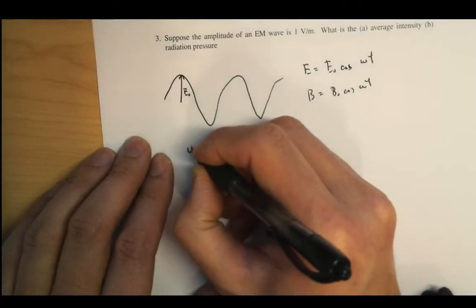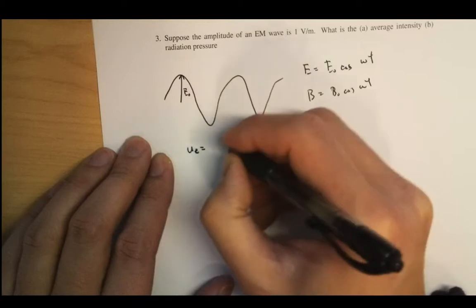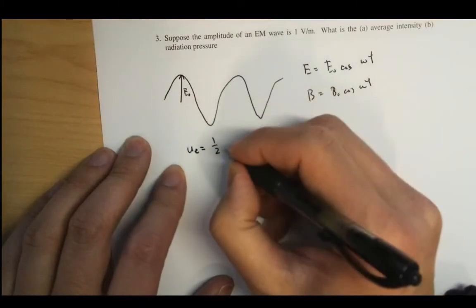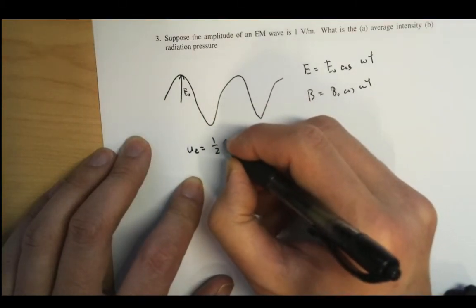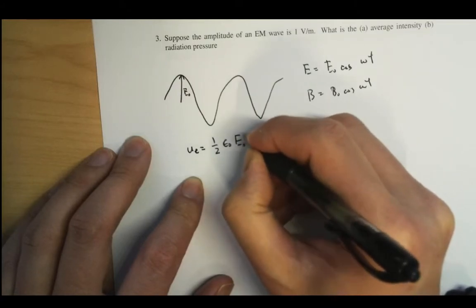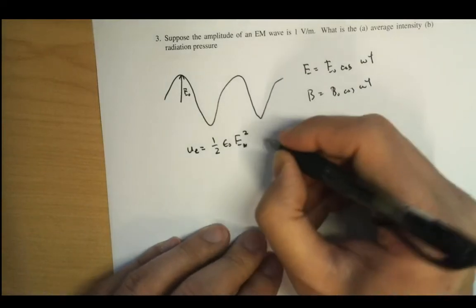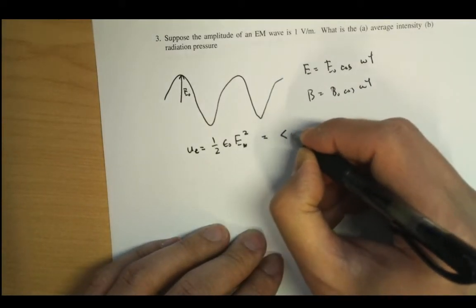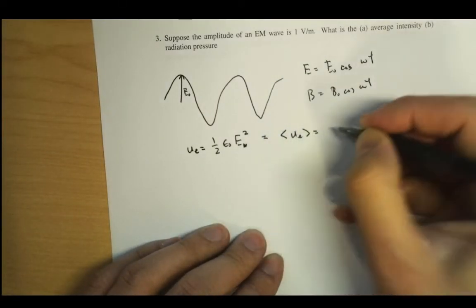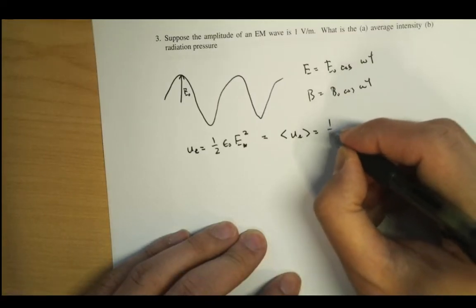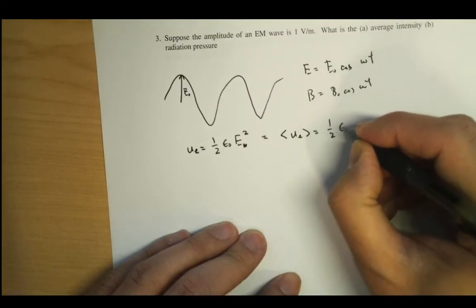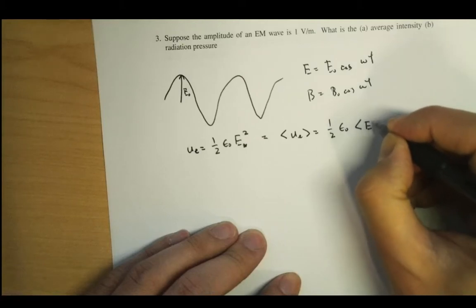So let's recall that the energy density is 1/2 epsilon 0 E squared, actually. So the average energy density is the average of everything, 1/2 epsilon 0 times the average of E squared.